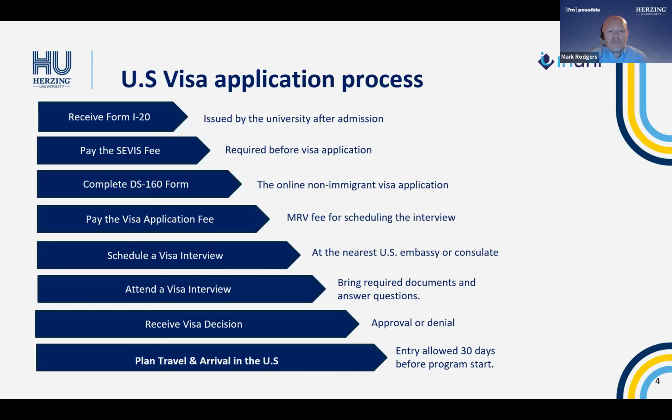After that would be to pay your DS-160 fee, schedule your visa interview, typically at the nearest U.S. embassy, but this can be scheduled at any U.S. embassy. Attend your visa interview, bring your required documents, of course, and answer questions. Receive your visa decision of an approval or denial. And next would be to schedule your travel plans to the U.S.